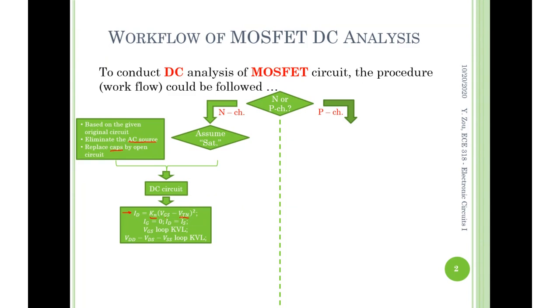And then in this equation, you obviously have one unknown. Also be careful, this is a quadratic equation. You should end up with two roots. Besides, as you know, the gate is open, so the drain current equals the source current. And then you need to write a VGS loop KVL.